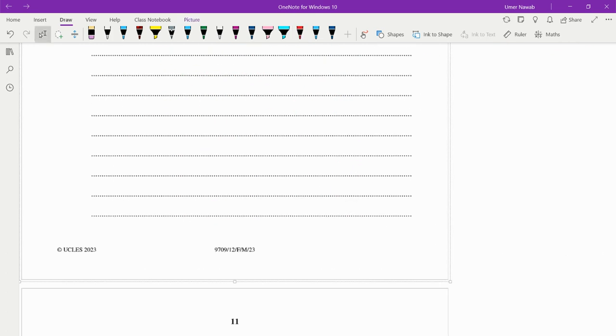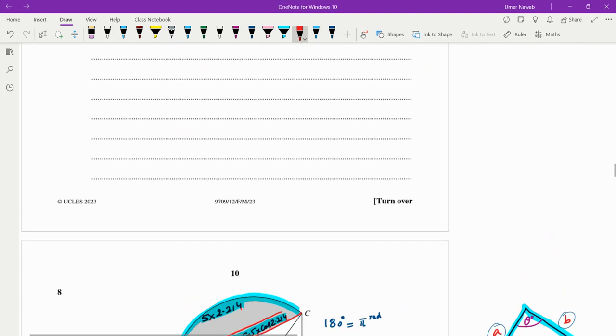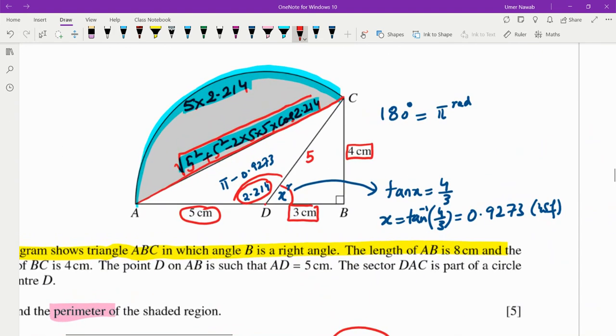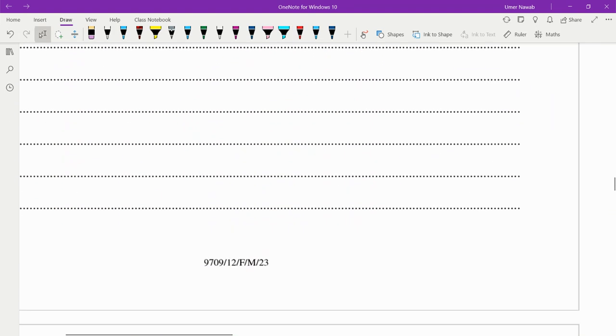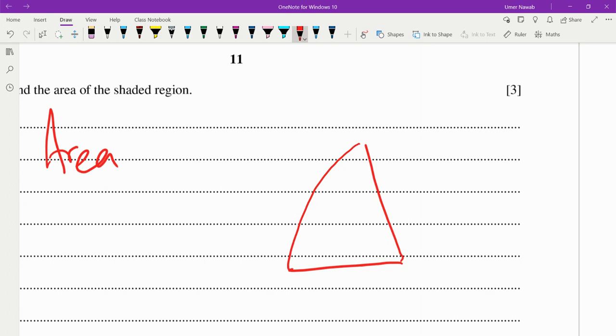The next question is, the examiner will definitely ask you the area of the shaded segment. In order to find the area of the shaded segment, guys, for sure you will tell me, you need to find this sector, and then find the triangle. This is pretty simple.